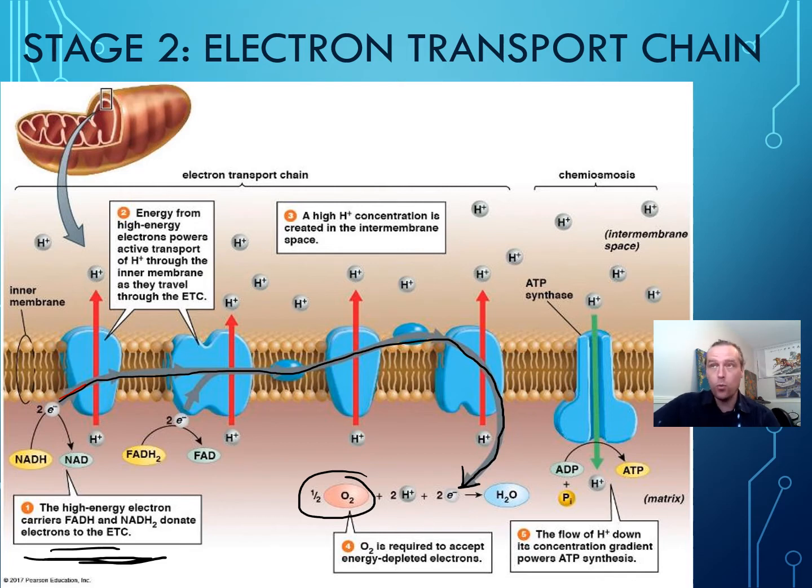Okay, what is the energy from these high energy electrons used to do? Bottom left-hand corner, circling these 2 electrons there, let me draw your attention to these hydrogens, or these protons, right? H+. There's another H+ here, and another H+ here, and another H+ here even. So the electrons from NADH and FADH2, that energy is going to be used to pump the H+ into the intermembrane space.